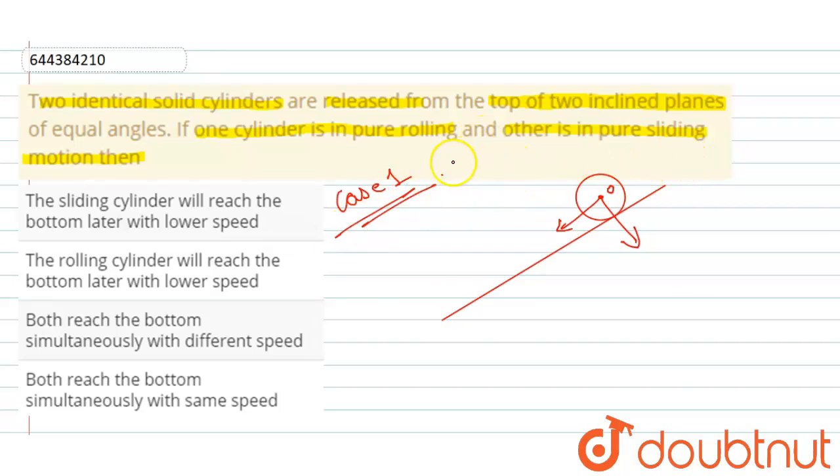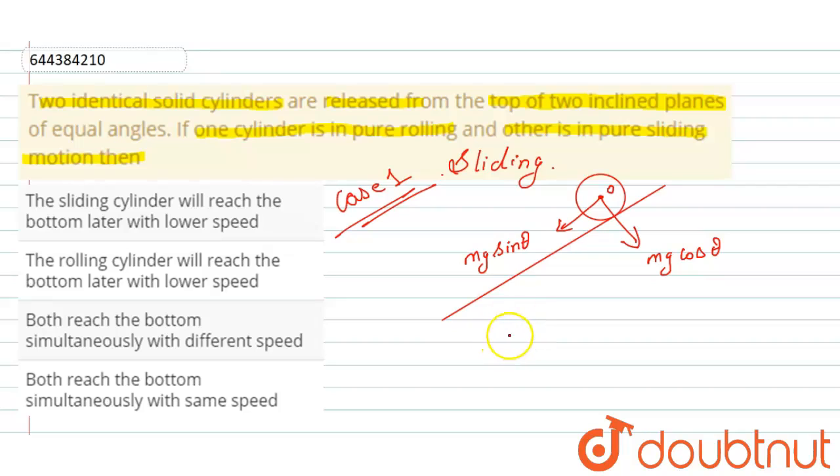Here we can write, when the cylinder is sliding, the components will be mg cos theta and mg sin theta. So these were the two components.